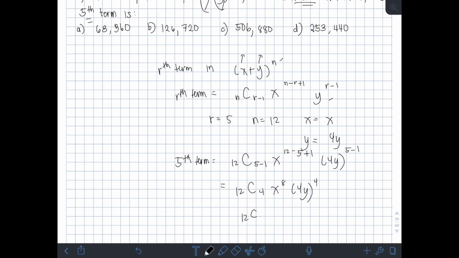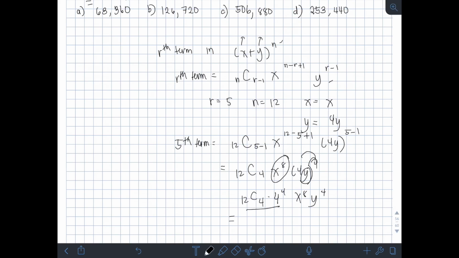So, itong 12c4 times, distribute ko itong exponent na 4, 4 to the 4th, and then yung mga variable natin, x to the 8, and then y, distribute yung 4 to the 4th. So, ito yung pinaka after tayo makuhang value. 12c4 times 4 to the 4th.